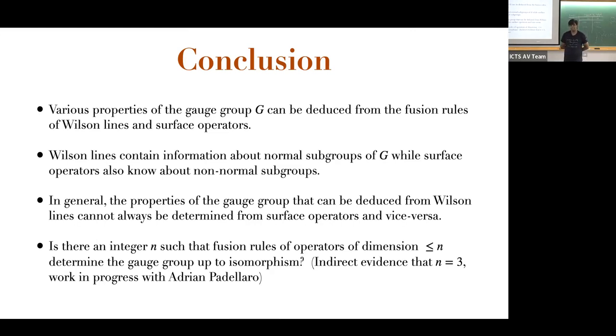Can I understand this as, earlier you said that if we had the NFR in some cases, we can determine the groups. So, in some sense, knowing the membrane fusion rules, if n equals 3 is actually right, is sufficient to determine the group. Is it like the NFR being encoded in these fusion rules in a complicated way?